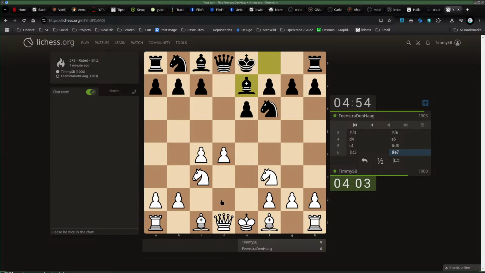I could put my bishop here, but if then he plays this, it's just instantly not defended twice. Okay. I'm gonna do this anyway then. I can choose between going here or there. I like this though, so maybe I should just put it here instead of there.